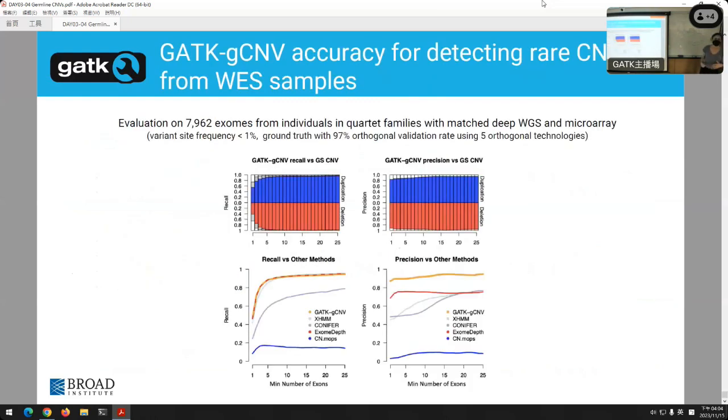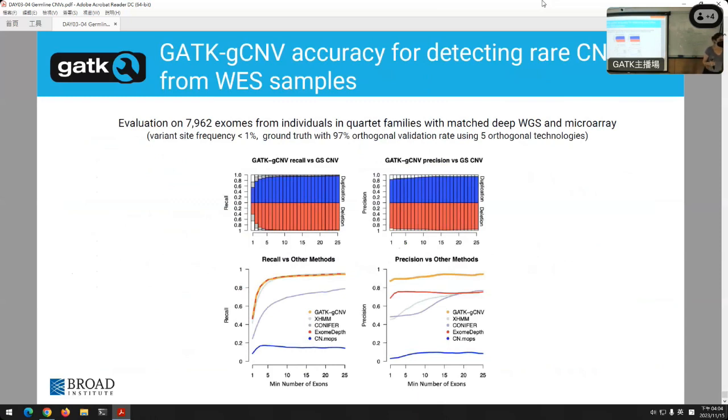Finally, the performance and accuracy of GATK GCNV for detecting rare CNVs from whole exomes has really been heavily benchmarked. That's part of that GCNV paper that's in Nature Genetics. So this is showing results from an evaluation on about 8,000 exomes.